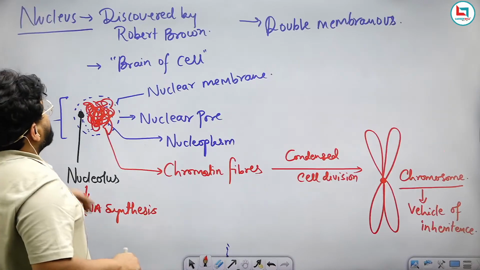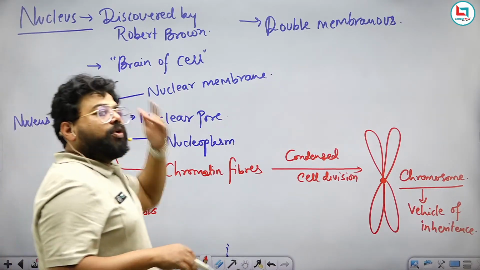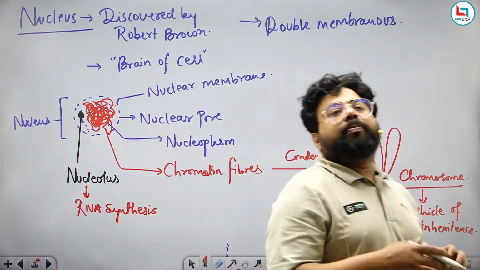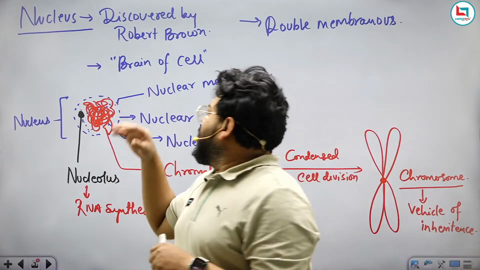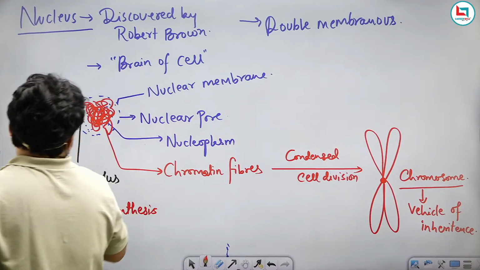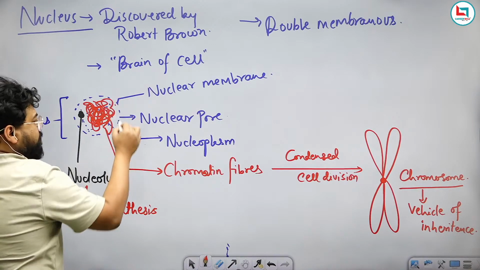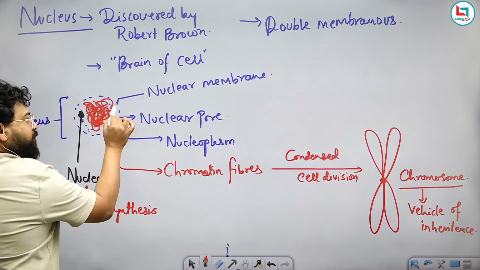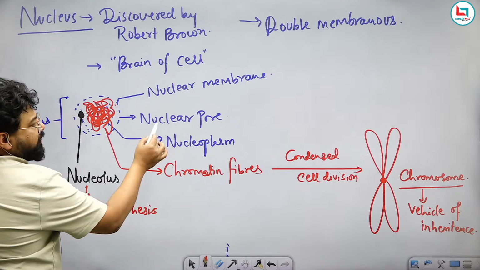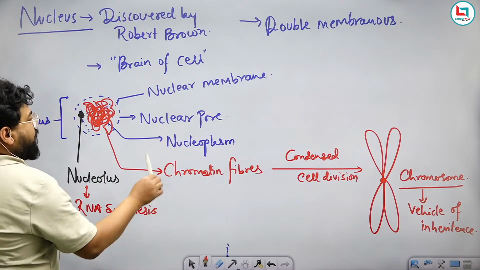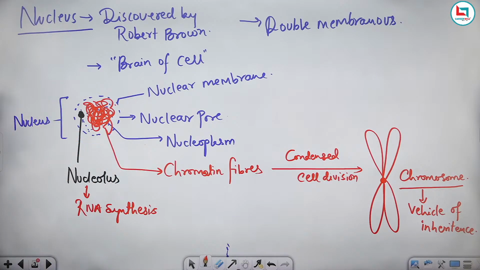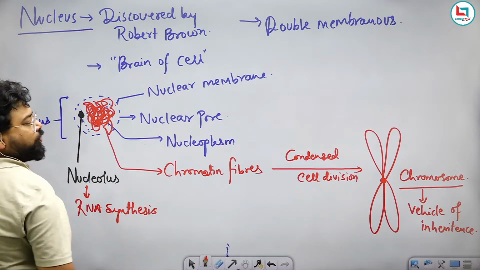Then we have discussed the nucleus. Nucleus was discovered by Robert Brown, and it is said to be the brain of the cell. If we see the structure of nucleus, there is a membrane known as nuclear membrane. This membrane contains certain pores, known as nuclear pores. Inside this nucleus, we find a liquid which is said to be nucleoplasm.